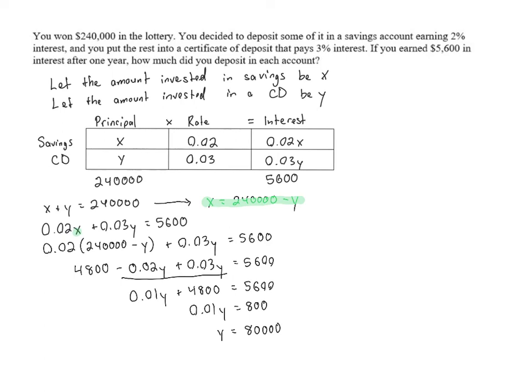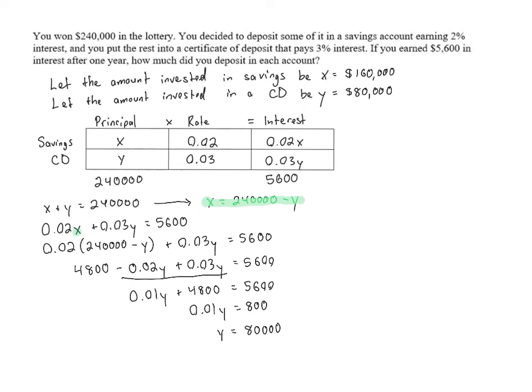So at this point, we know y is 80,000, and if we go up to our let statements, that was the amount invested in the CD. So we know that you invested $80,000 into the CD. We also have to figure out how much you invested in the savings account. But if you had $240,000 in total to invest and $80,000 to invest in the CD, that leaves $160,000 for the savings account. So we get $160,000 there.